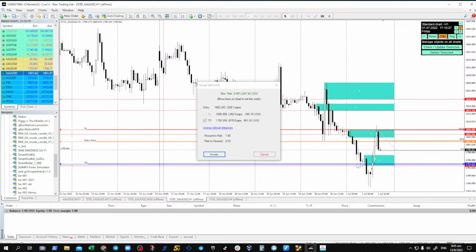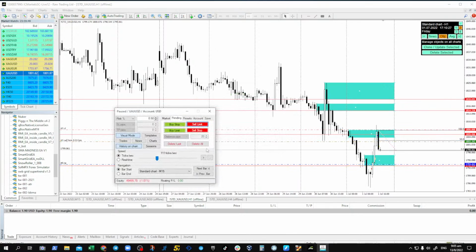Then I want to maybe target this SNR level, and for that, let's see if price makes a pullback. I'm gonna speed this up because I need to go outside for a while.